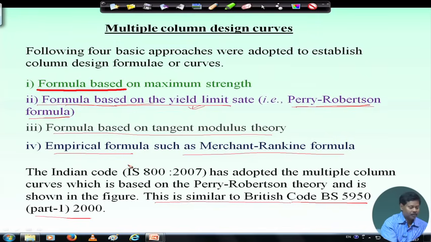So, these four basic approaches are observed to establish the column design formula, and we may recall the earlier code, that is IS 800 1984, which was established as per the Merchant-Rankine formula. So, before going to this new version, we will shortly discuss the Merchant-Rankine formula, how the earlier code adopted this one, and then we will come to the new formula.